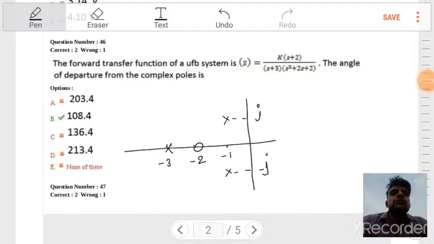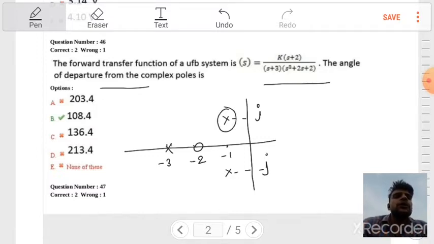Next problem is from control system. A forward transfer function is given. We have to find the angle of departure from complex poles. So I will take this pole as a complex pole, and from here we will find the angle of departure. The two complex poles are given, one pole at minus 3, and the zero, s plus 2, is at minus 2.